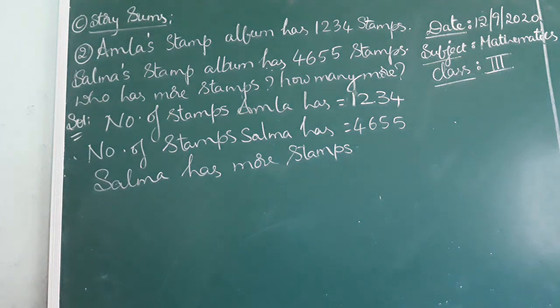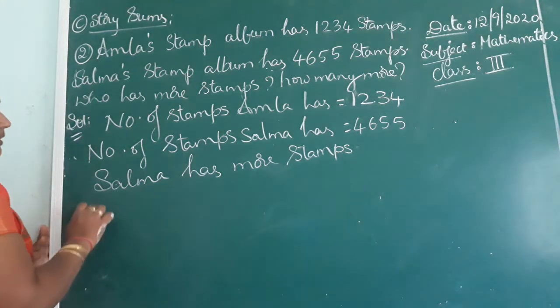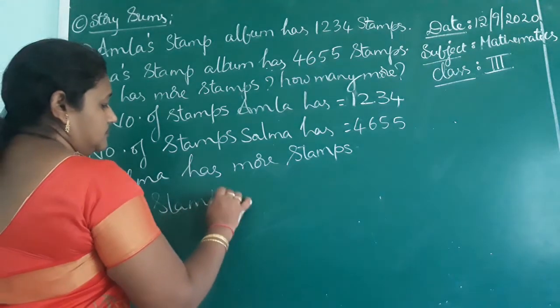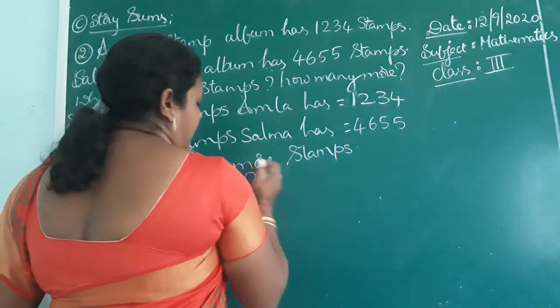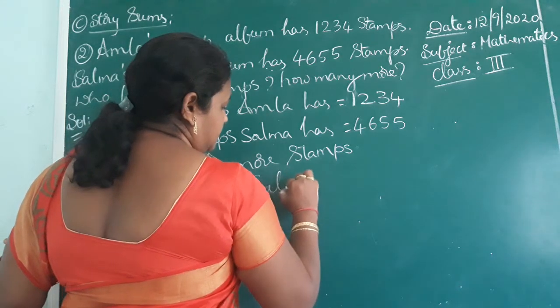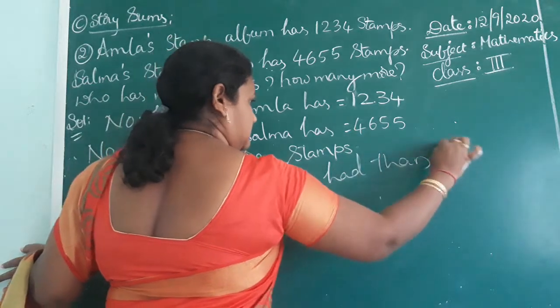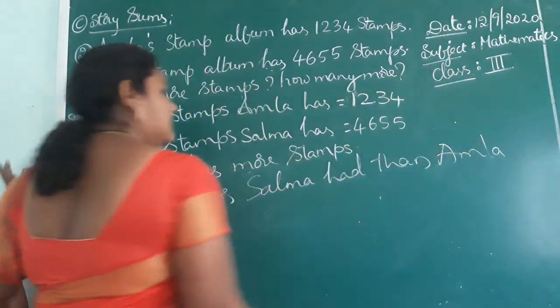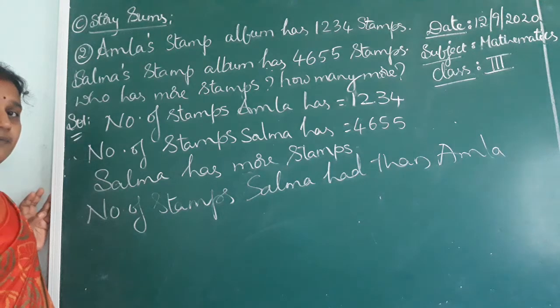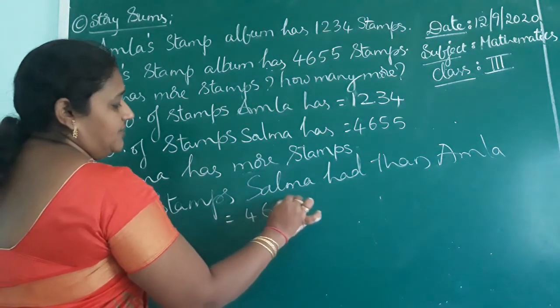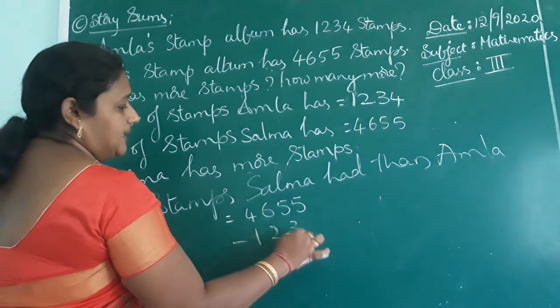Okay. How many more? How many more means you have to subtract the bigger number minus the smaller number. Yes? So, number of stamps Salma has more than Amla: 4655 minus 1234.